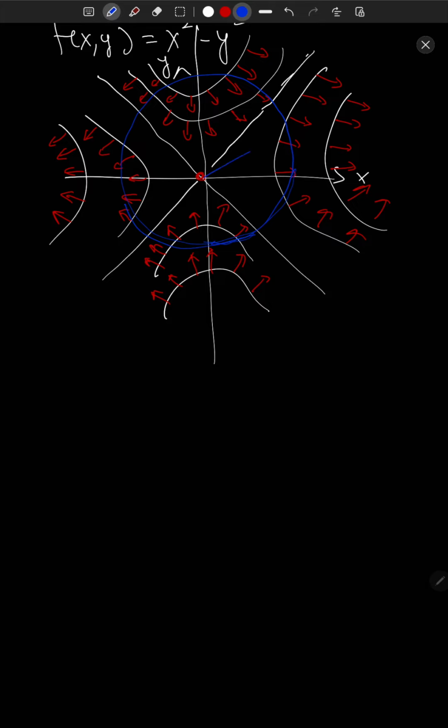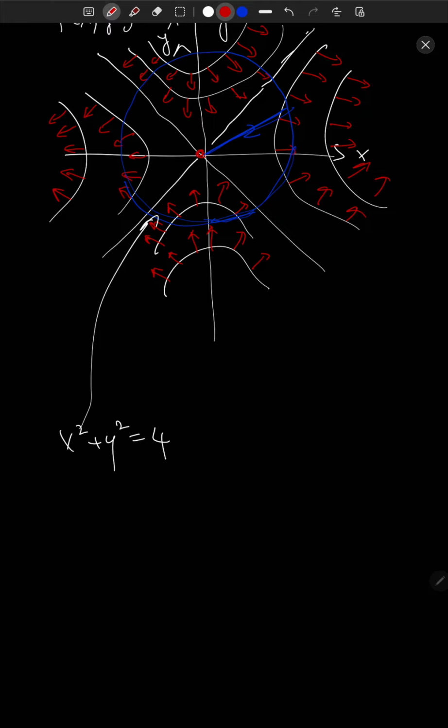Let's give a more concrete example. So let's say this is radius 2. Okay, so this circle here is x squared plus y squared equals 4, right? Our gradient vector field is F equals the gradient of x squared minus y squared. So that would be 2x comma minus 2y.